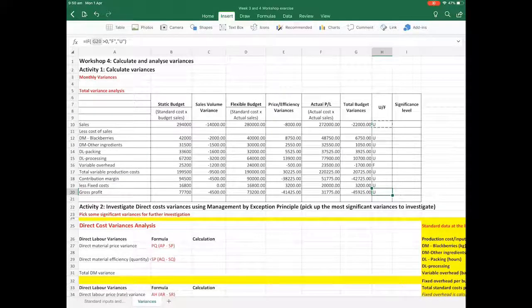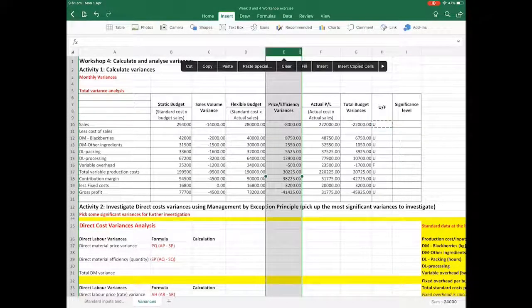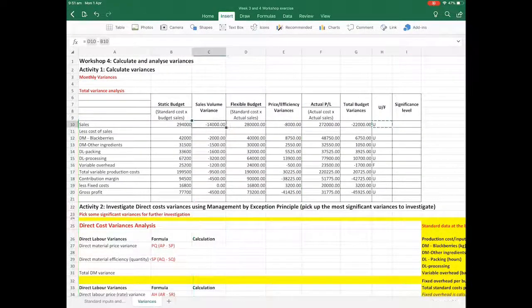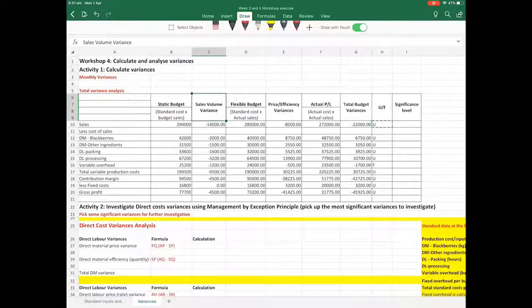Now look at the C column. This is called the sales volume variance. The reason is, when you look at the formula for it, look at the static budget here and the flexible budget here.